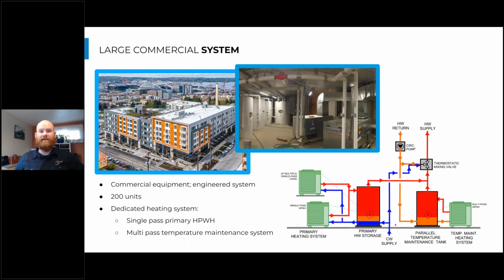But in this example, we have 2 Colmac heat pump water heaters connected to a group of storage tanks. I'm only showing one in this conceptual diagram. And those work in parallel with a heat pump water heater and a temperature maintenance tank. So this heat pump water heater is keeping the water hot in the distribution piping. That's its number 1 goal.